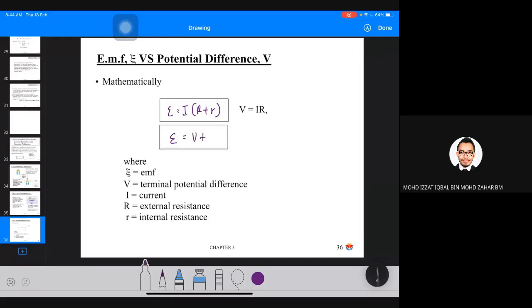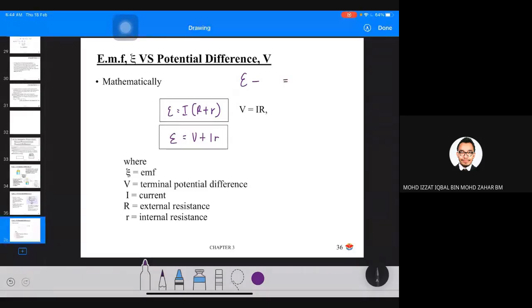Okay, the battery. So the one that you measured, yang VT tu adalah V ni. Saya just label je dulu sebab saya nak bezakan nilai V tu. So VL tu is the loss of voltage. Ataupun proper term is voltage drop inside the battery itself.